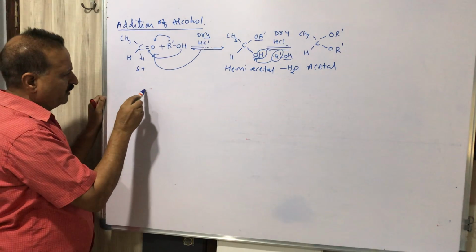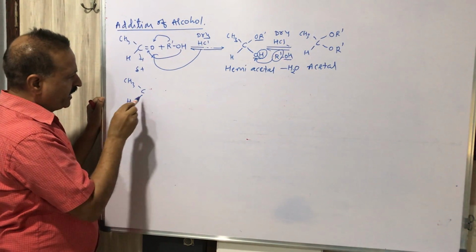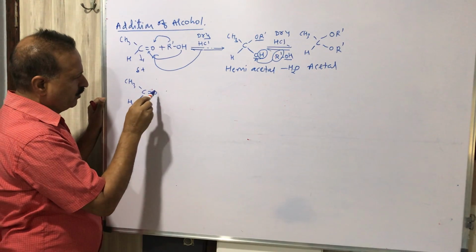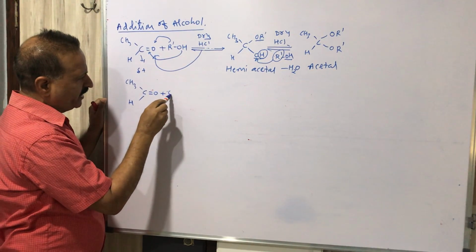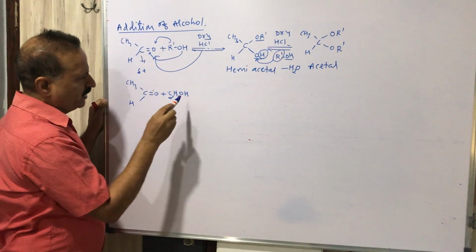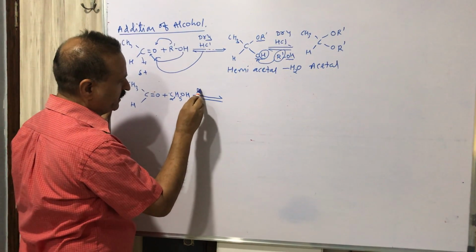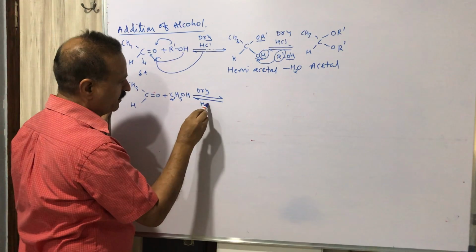Now we take an example to relate this equation. So we have ethanal, CH3CHO, plus ethanol, C2H5OH, in the presence of dry HCl.